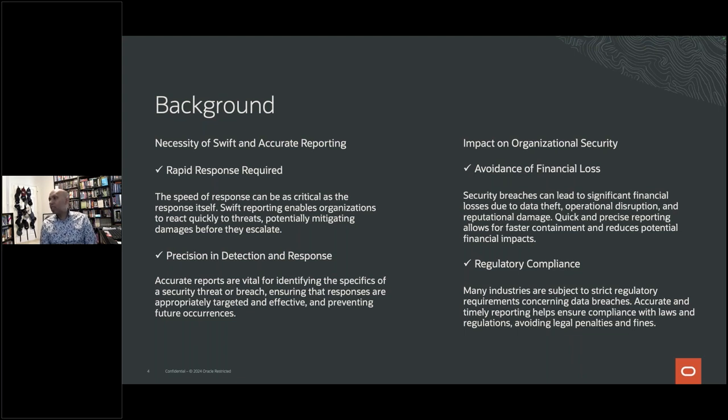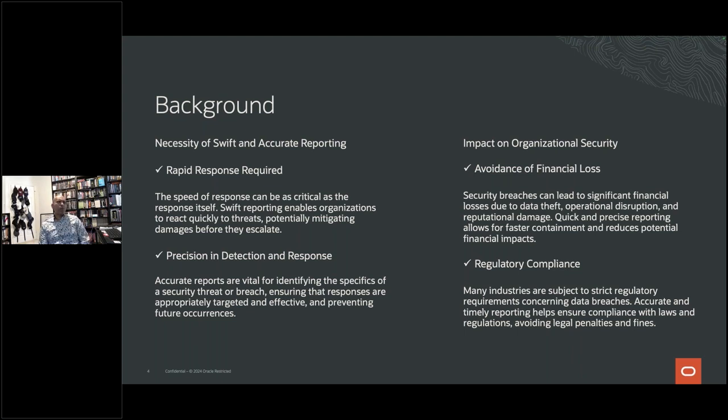Accurate reports are vital for identifying the specifics of a security threat or a breach, and that ensures that responses are appropriately targeted and effective, and prevent any future occurrences.